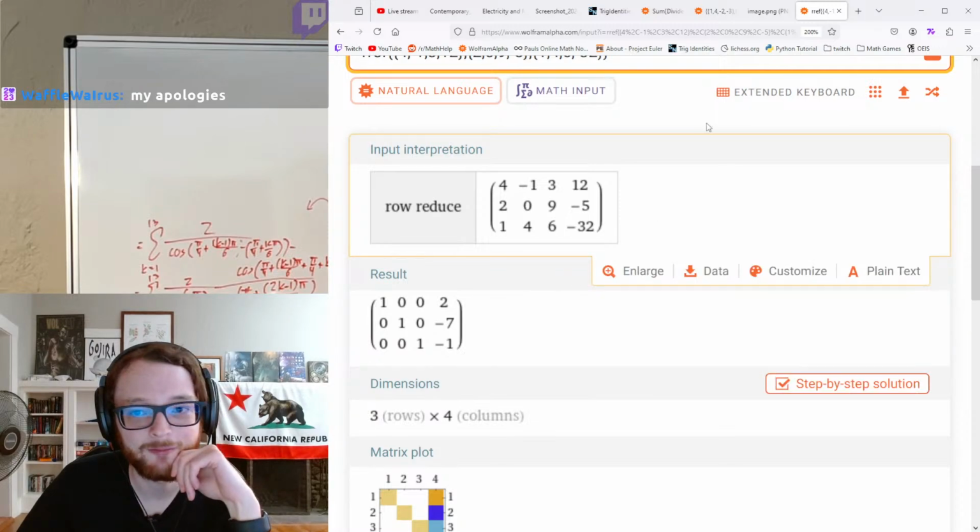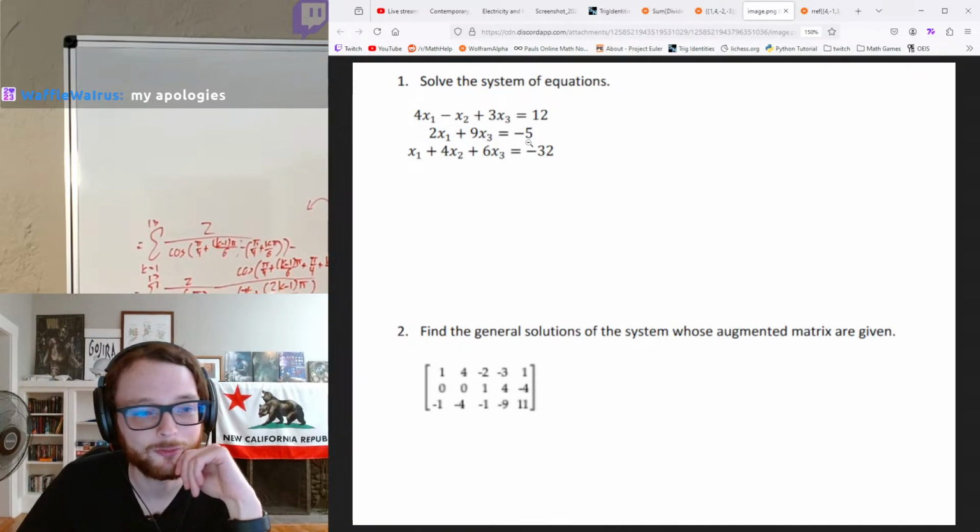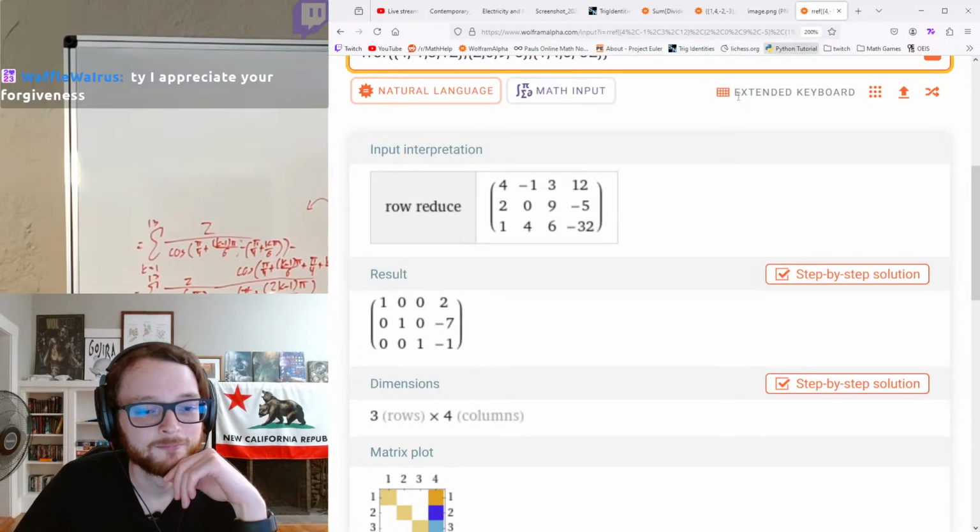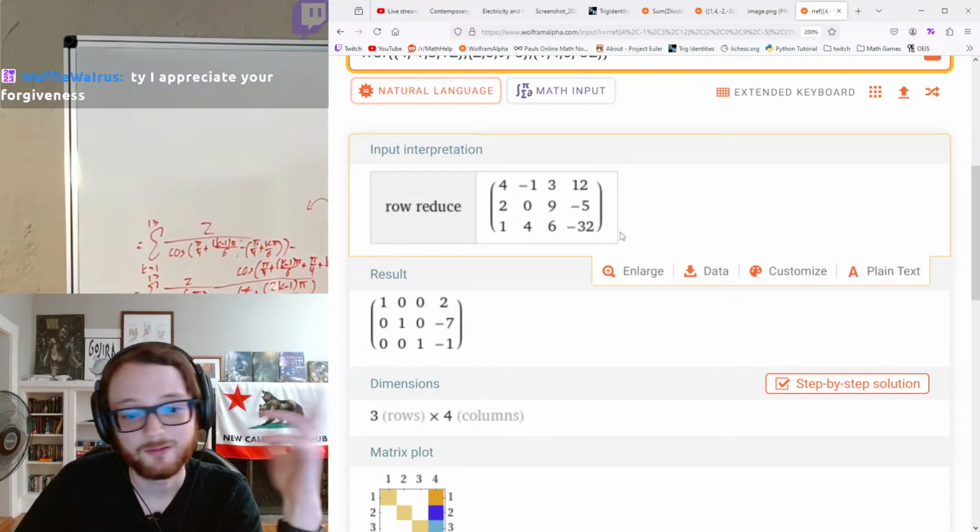I think Critical just has to solve this with row operations. But I think there is technically a matrix way to do it. It's just not very clean.